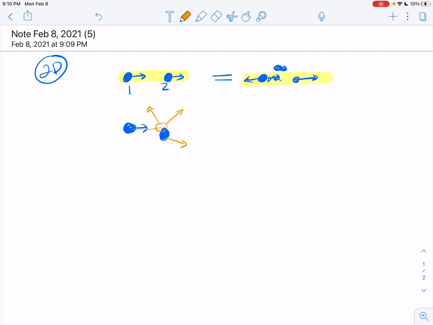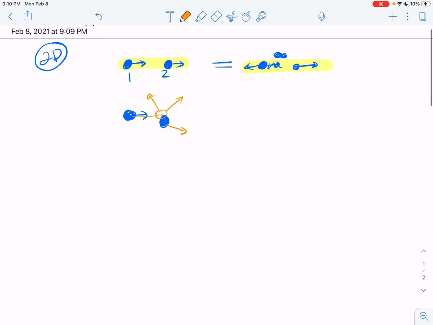So really all that you need to know is, in the x direction, you'd have m1 v1 initial x plus m2 v2 initial x equals m1 v1 final x plus m2 v2 final x.